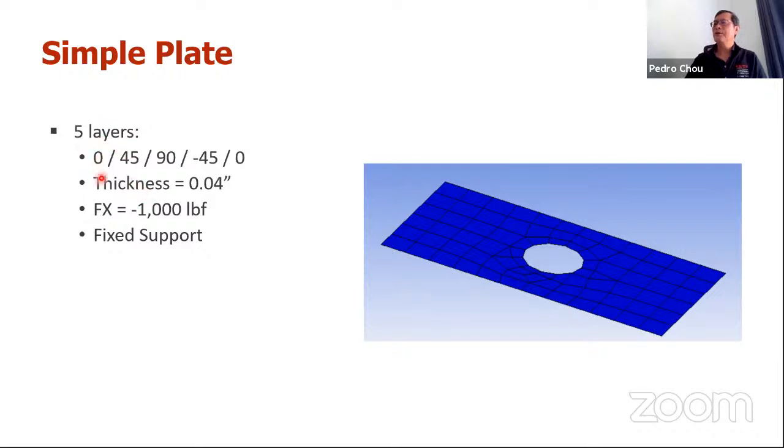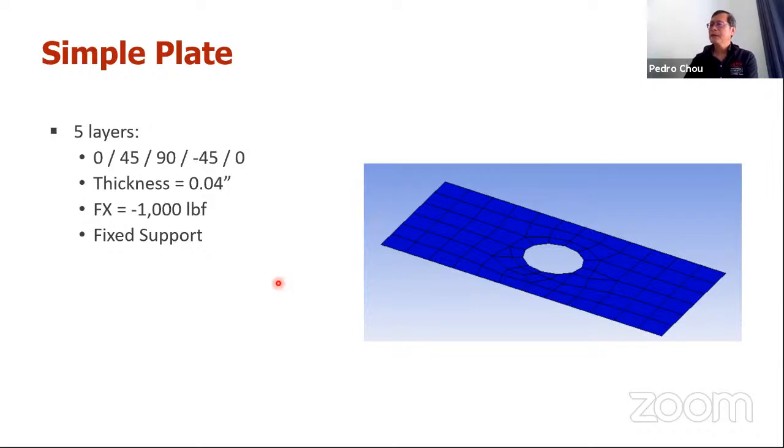The layer orientation will be 0, 45, 90, minus 45, and 0 degrees. The thickness for each ply is going to be 0.04 inches. I'm going to fully constrain one end, and then just apply a 1,000-pound pull or tension on the other side.